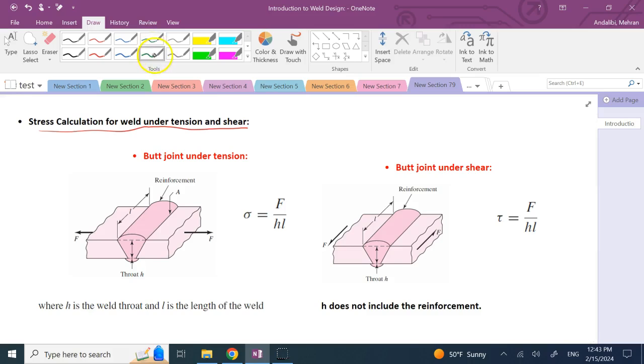A simple scenario is where two parts are butt welded head to head, and here you see a V groove is used, and the parts are under tension. So these two parts are being pulled apart, and the height of the weld, which you call the weld throat, is H. The length of the throat is L.